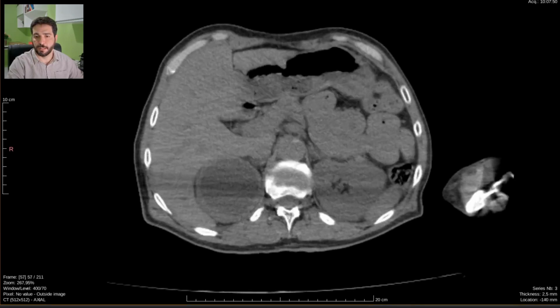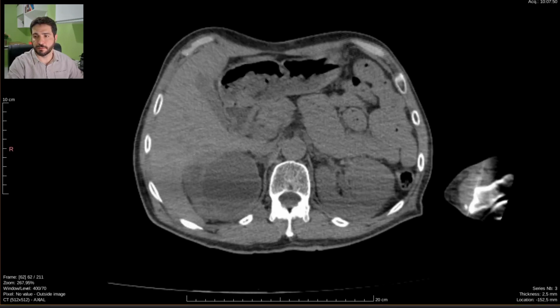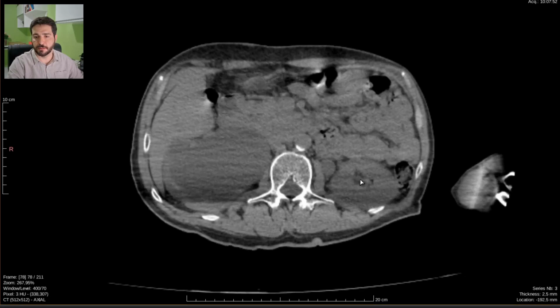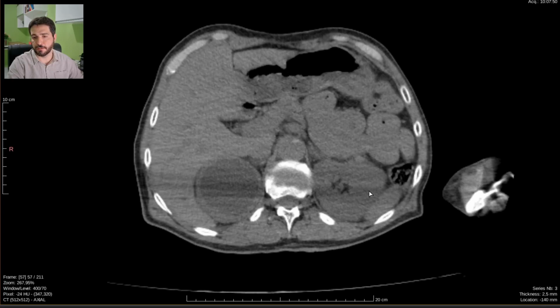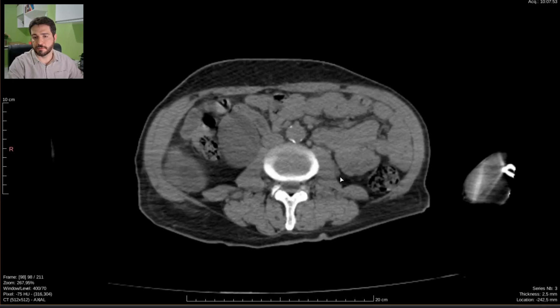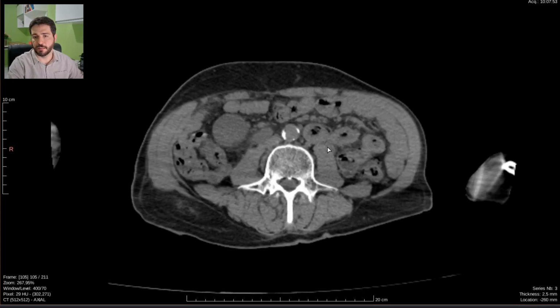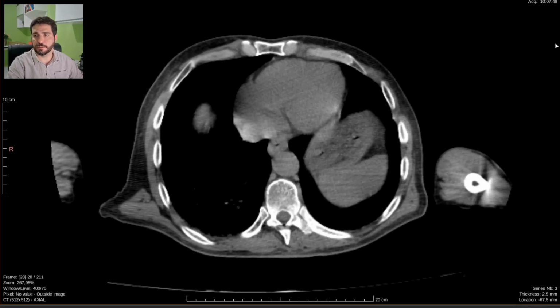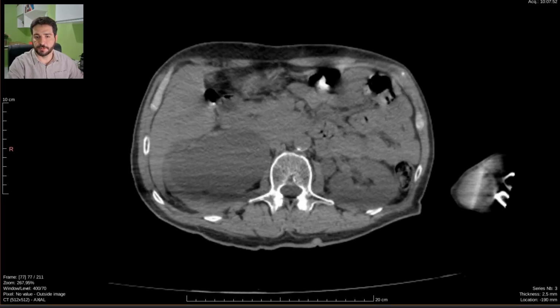So the left kidney looks fine, no dilatation. It seems there is some kind of dilatation, but the calyces are fine, no signs of stones, and the ureter looks fine. And I know you guys are screaming on your chairs.